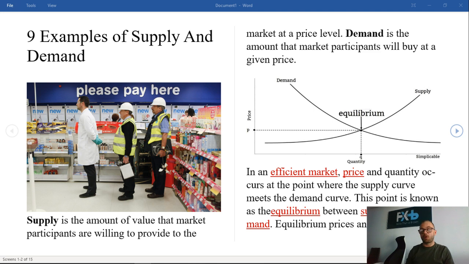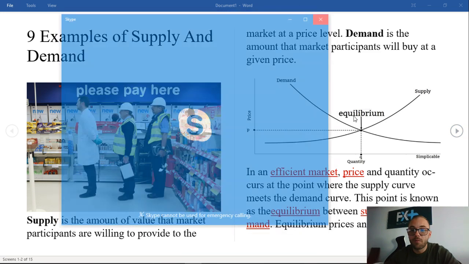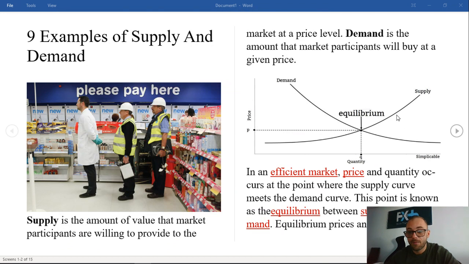So the quantity of the sellers equals pretty much the quantity of the buyers, and that's when we find ourselves in an equilibrium. According to the 4 different rules of supply and demand, the market will suffer a shortage or a surplus, and of course the price will be established at a higher or a lower price in regards to the actual equilibrium itself. And that's when the market pops to the upside or of course falls to the downside.